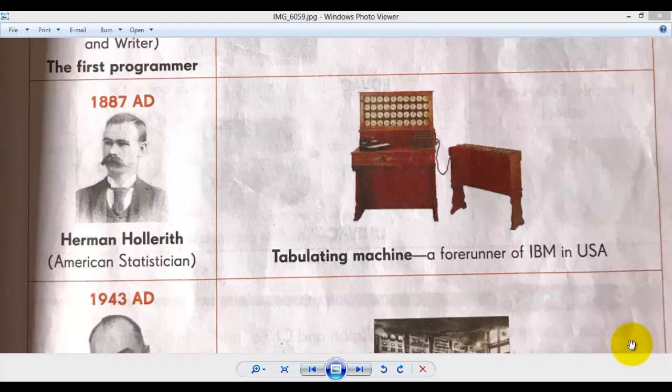So what he did was develop a device called the tabulating machine, a forerunner of IBM in the US.